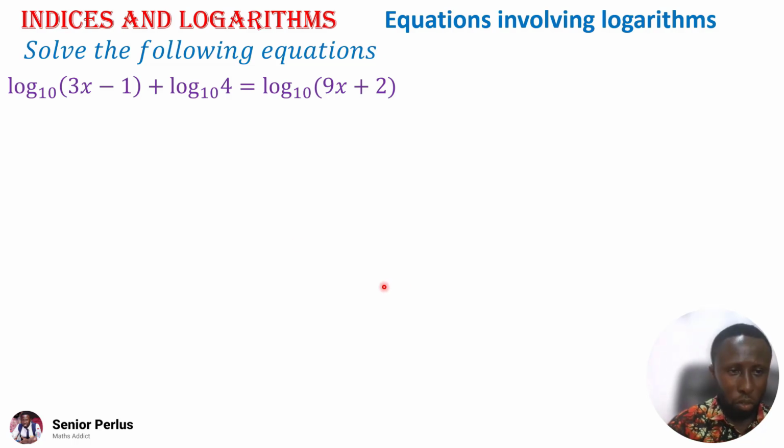So from here, log (3s minus 1) to the base 10 plus log 4 to the base 10. This is a bit familiar. We can apply the product rule.